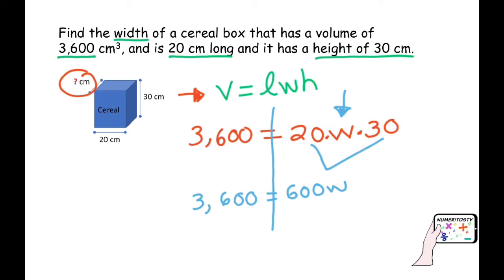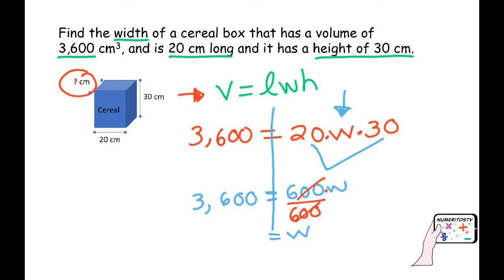So, to isolate W, I need to get rid of that 600, and 600 is multiplying my W, so I need to do the opposite operation. The opposite operation will be dividing by 600. That will give me my 1W, and that's the goal of this problem.